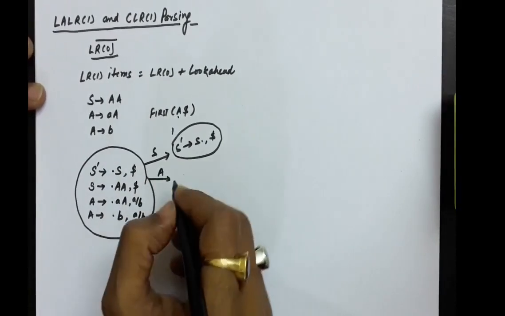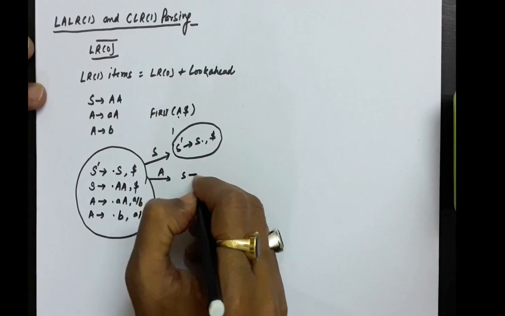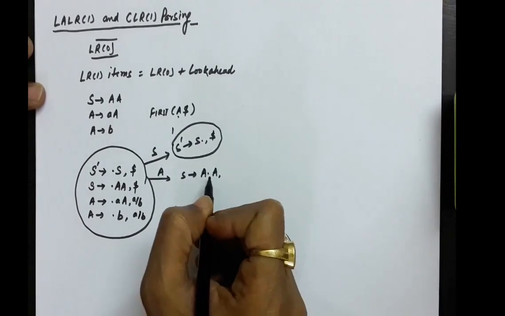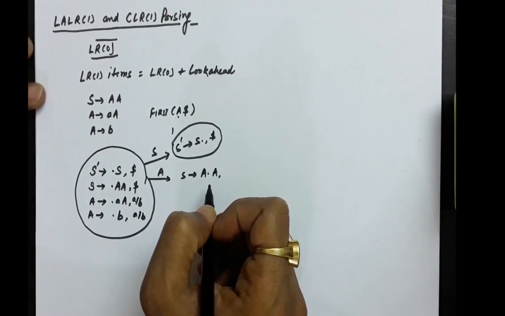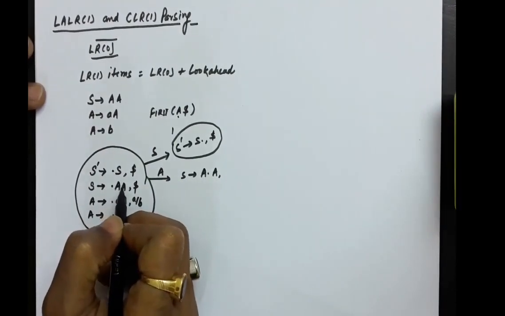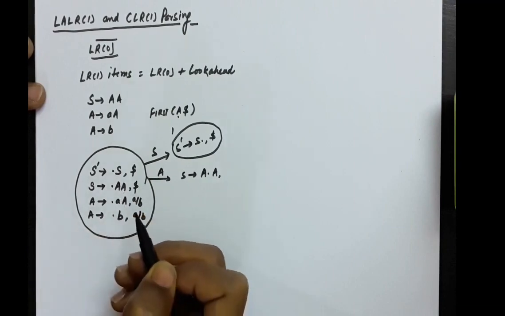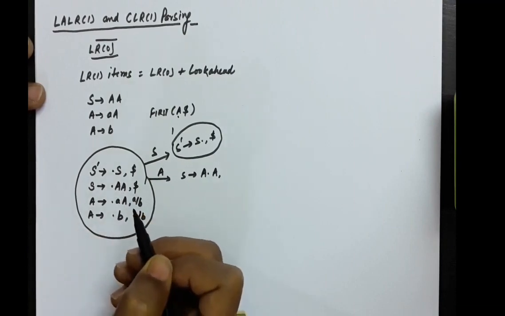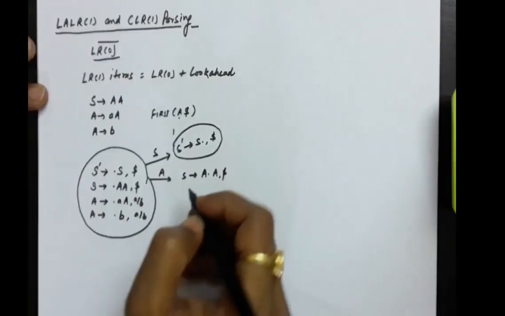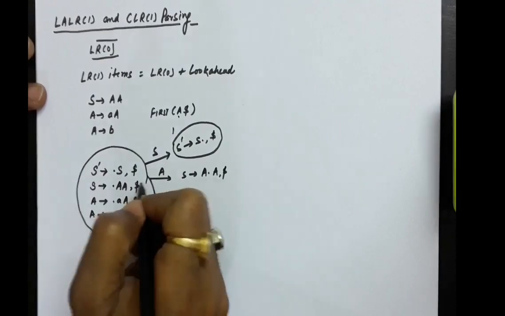Now with capital A, you are shifting the dot, so S produces A dot A. You are writing this production because of this A, so you need to find the lookahead. For the first production, the dollar remains the same, and we will write the same lookahead.